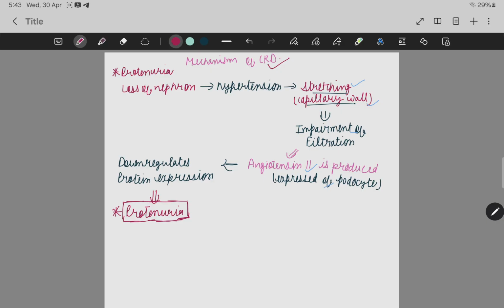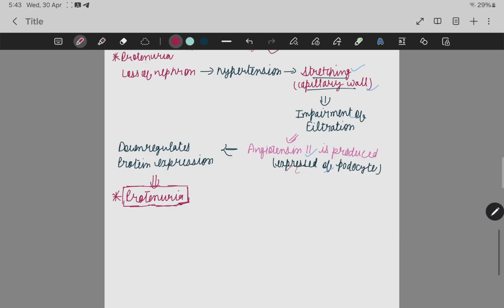In response, on podocytes, there is loss of the effacement process, and loss of slit diaphragm.